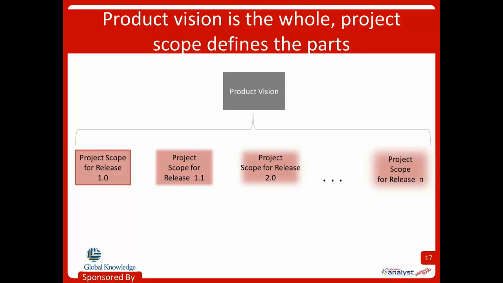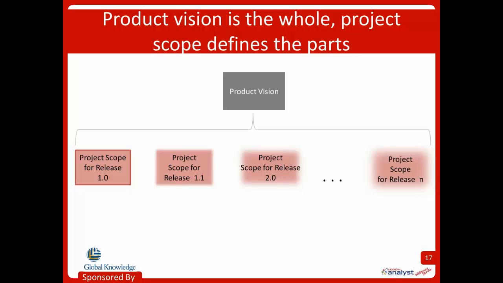Now, when we talk about the concept of scope, which I'm about to switch to in a little more detail, the concept of scope really pertains to a specific project or maybe even an iteration within a project that we're going to implement, and then maybe the next increment of the product's functionality, okay?